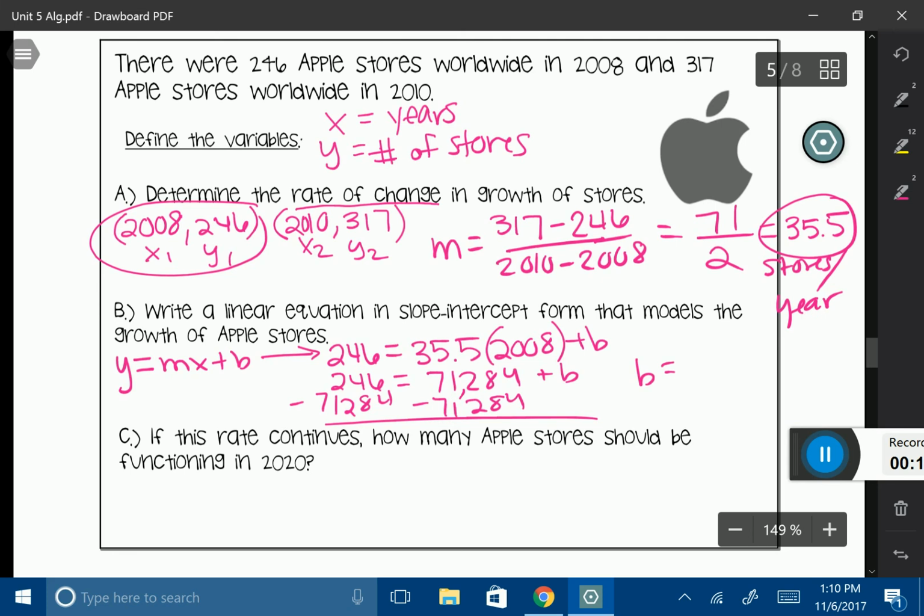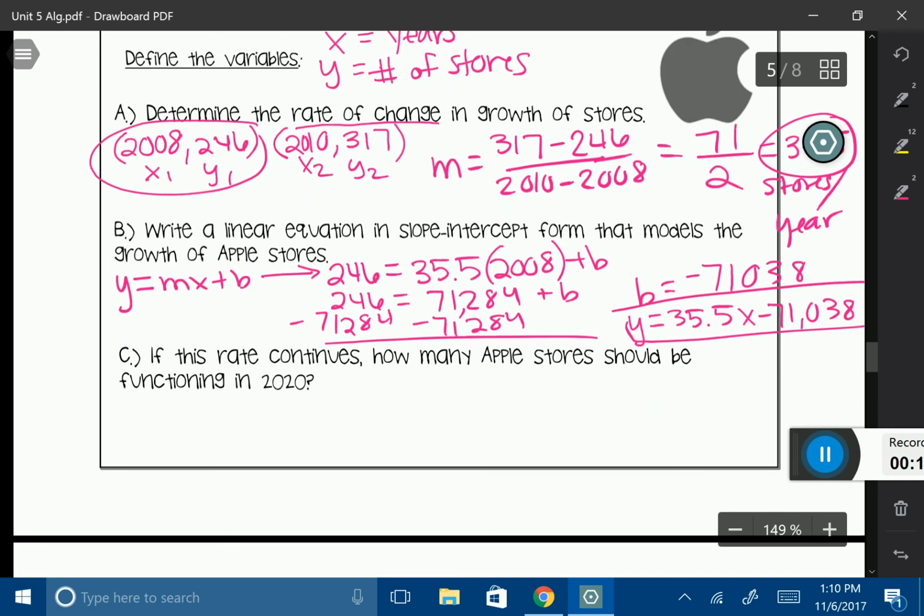So 246 minus 71,284. So my b is going to give me negative 71,038. So put that all together. My slope-intercept form is y equals 35.5x minus 71,038. You're probably thinking, well, why are those numbers so big, right?